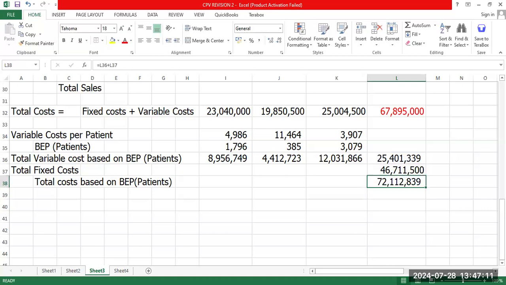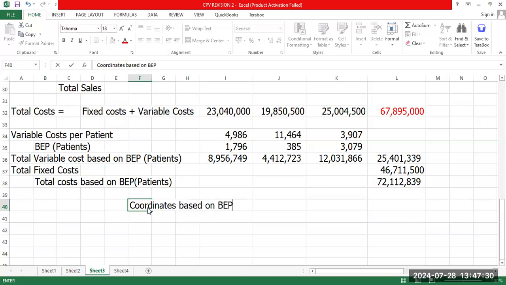Are you seeing that? So we have our coordinates now. Our coordinates are based on the break-even point level.